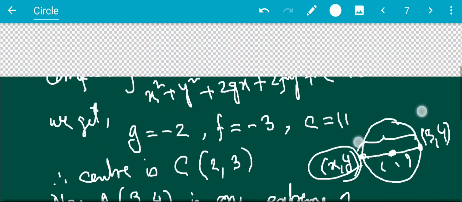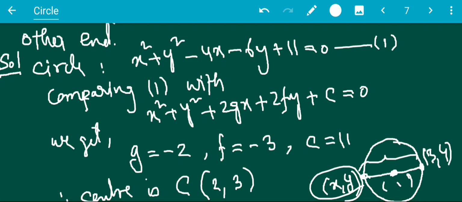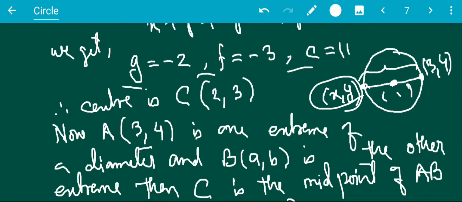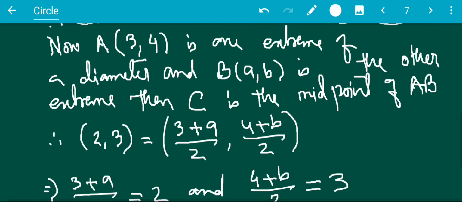Okay, very easy. So this is the circle. Comparing this with the general equation of the circle, you get the values of g, f and c. So the center is, just reverse the sign of g and f, you will get the center. So the center is 2, 3. Now 3, 4 is one extreme of the diameter, and let this be the other extreme. Then C is the midpoint of AB.